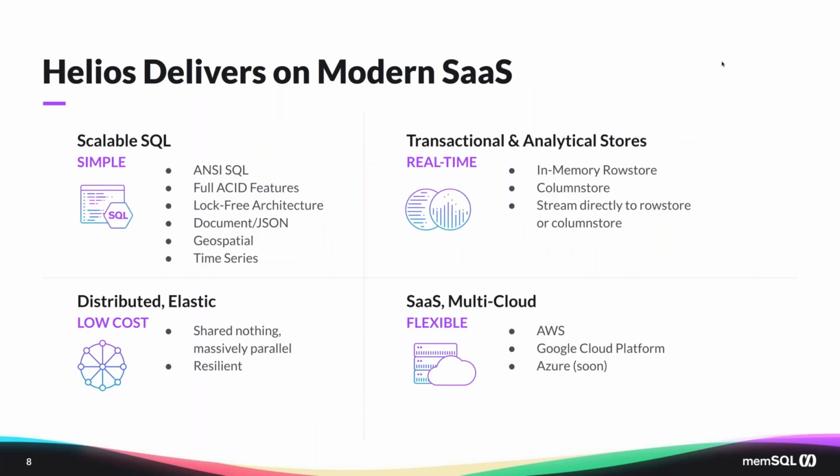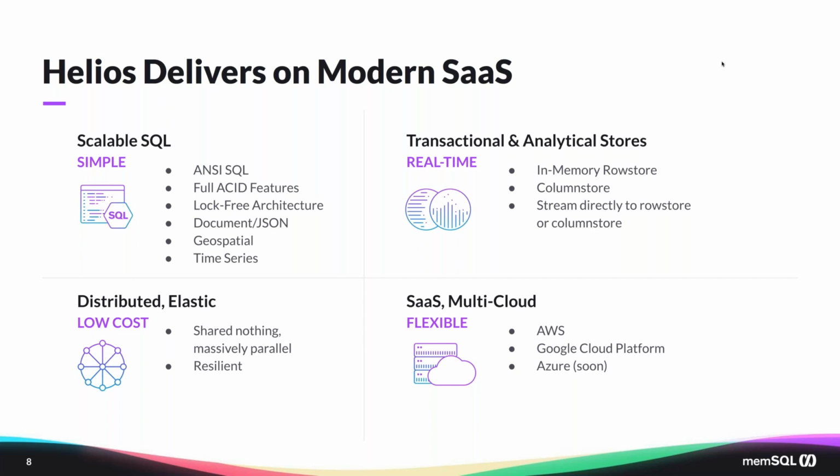And starting in the upper left, first of all, MemSQL and Helios are scalable relational SQL-focused databases, meaning that we support ANSI SQL, so normal relational joins are supported with full ACID features.